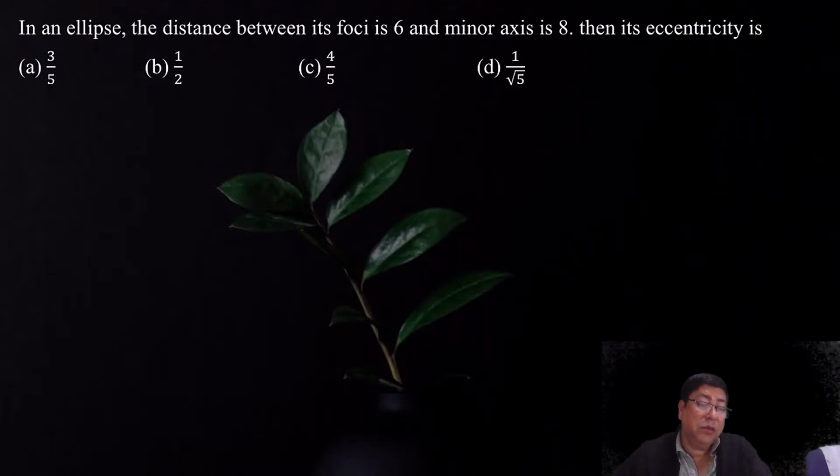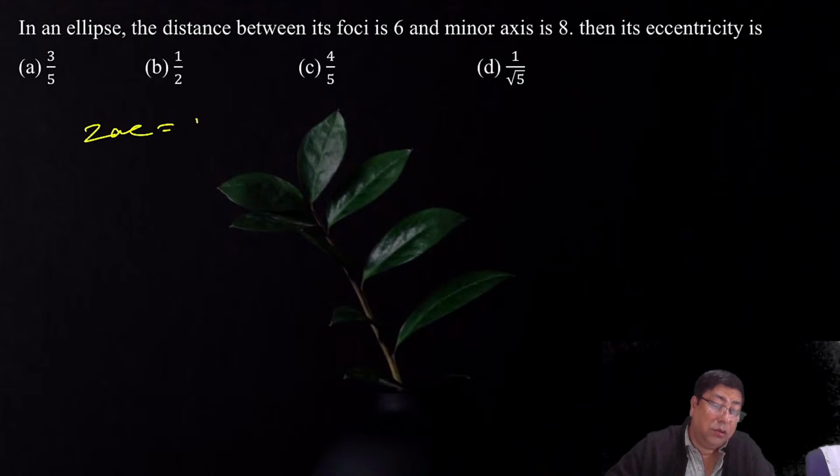In an ellipse, the distance between the foci is 6 and minor axis is 8. This type of sum is very easy. Sometimes in the JEE examination, easy questions also come, so we should take the opportunity. So 2AE equal to 6, AE equal to 3.